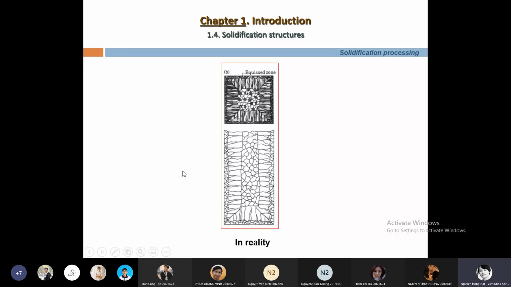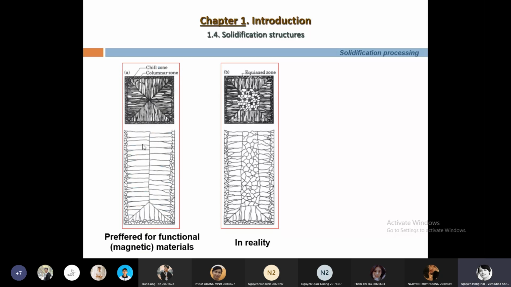But the microstructure can be different from this, like this. We have only two zones: outer equiaxed, very fine grain, and only columnar grains. There is no inner equiaxed zone. It's preferred for some functional materials, for example magnetic material.